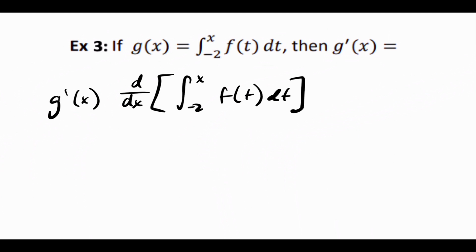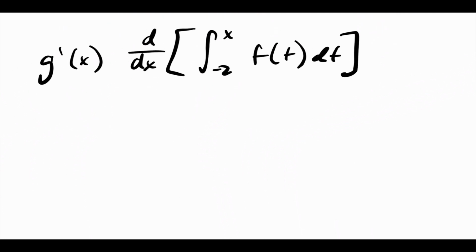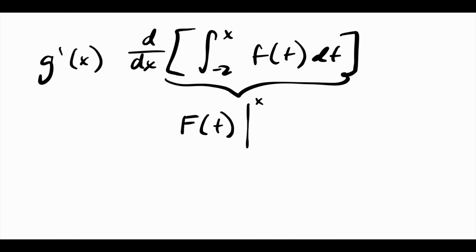Well, let's do it the long way. In math, we do the inside first. Right? So the antiderivative for f of t is capital F of t. And then we're going to evaluate from x to negative 2.